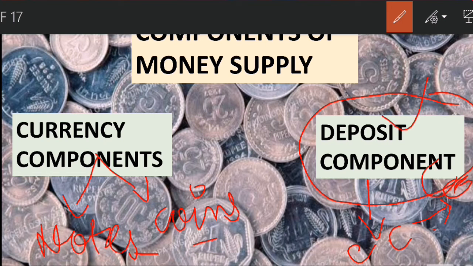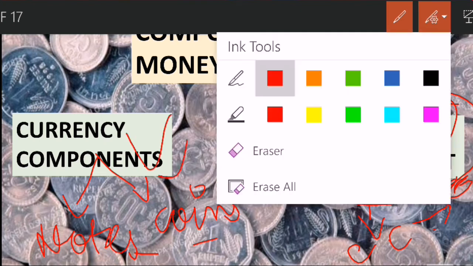So demand deposits are basically those deposits with banks which can be withdrawn on demand through checks, right? That is called the deposit component, which includes all the net demand deposits which are held by the commercial bank. And the currency component is also part of the components of money supply.